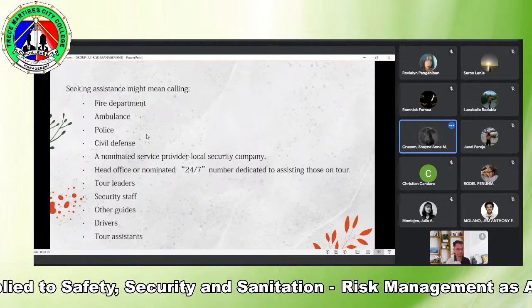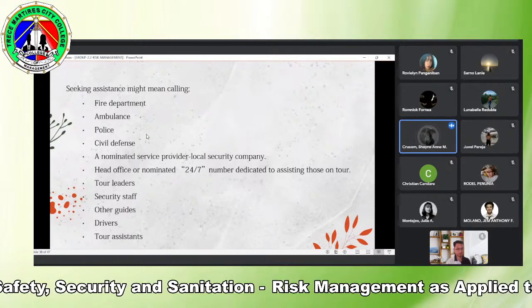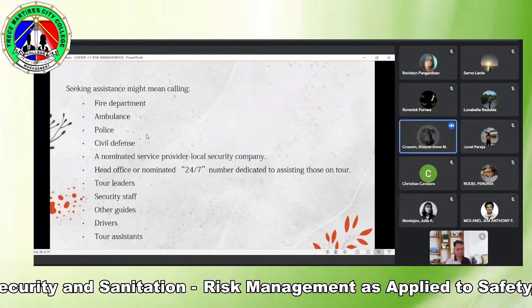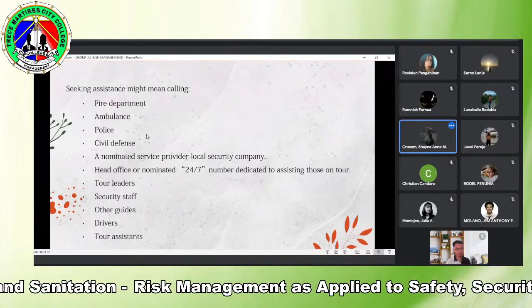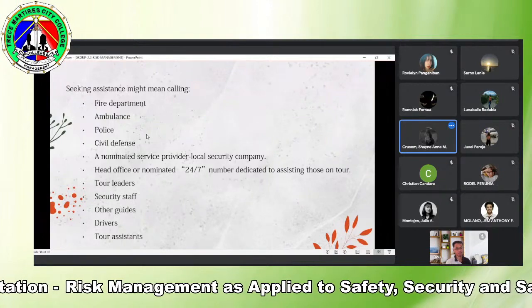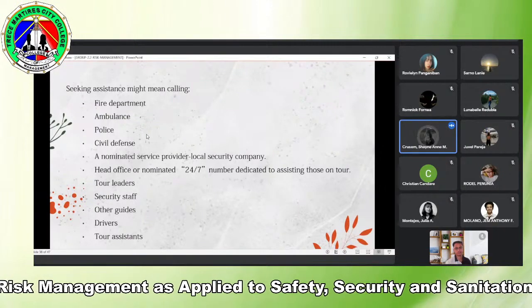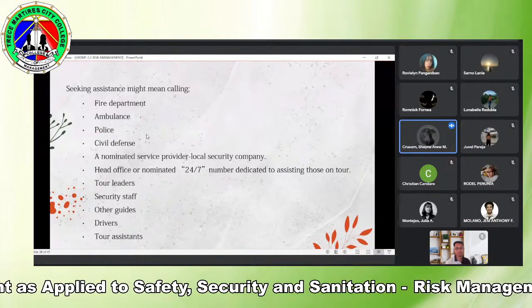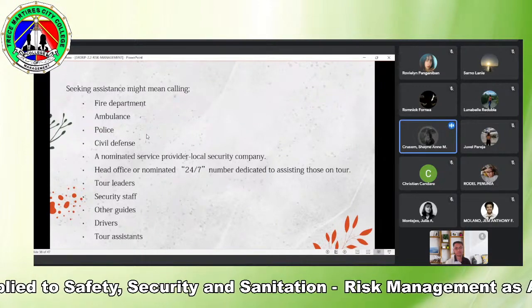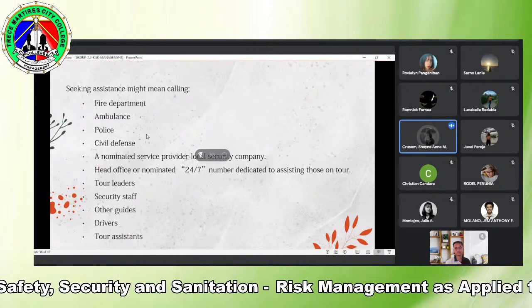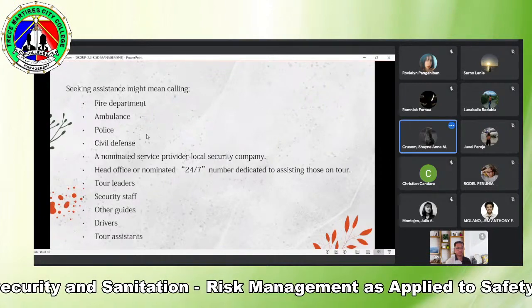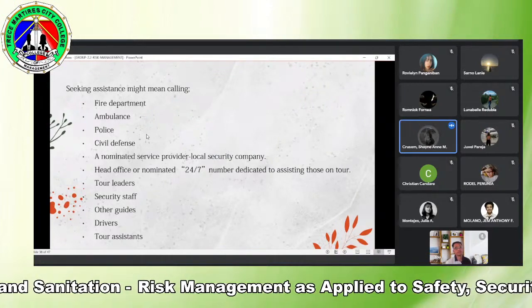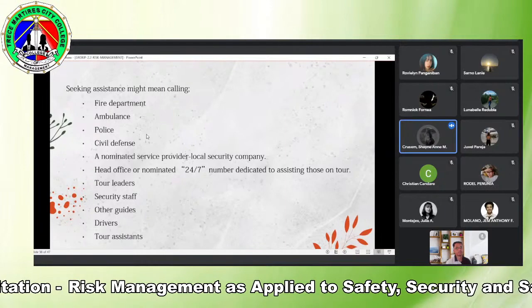So, syempre, depende pa rin yun sa kung anong trahedya yung nangyari. Kasi, paano kung nasa sunog ka tapos pulis yung natawagan mo, eh wala rin namang magagawa yung mga pulis, di ba? So, nagagawa kasi yun kapag nagpapanik yung isang tao. Kaya dapat, hanggang maaari, lalo na yung mga staff, kung kaya natin kumalma lang po tayo.